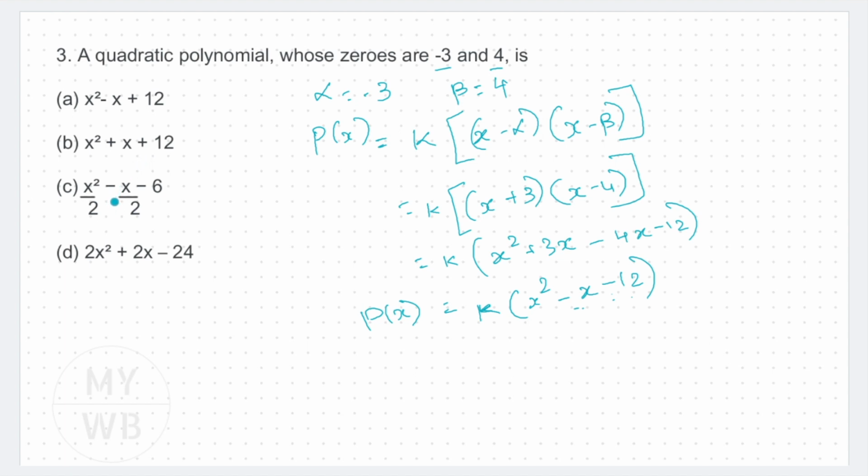Here we have the coefficient of x as a negative number and the constant is also a negative number. So let's see what happens if we choose k as 1 by 2. We get p of x as 1 by 2 into x square minus x minus 12, which is nothing but x square by 2 minus x by 2 minus 12 by 2, which will be 6. So option C is the right answer.